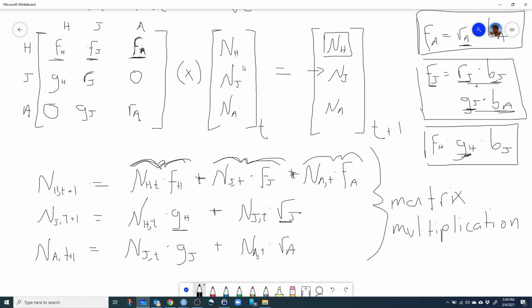Just the same way to compute the next elements, that is the total number of juveniles in the population next year. You move to this juvenile row, you multiply this first element by the total number of hatchlings. That gives you the total number of hatchlings this year that are expected to transition and survive into the juvenile class, which is what we're focusing on here. This next, then you add the total number of juveniles that are expected to remain juvenile.